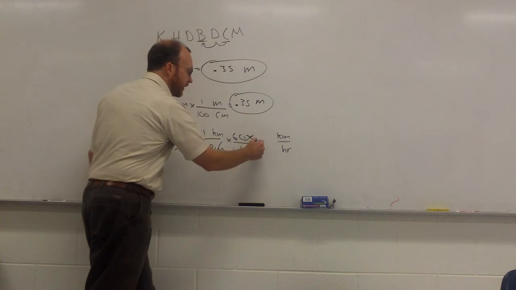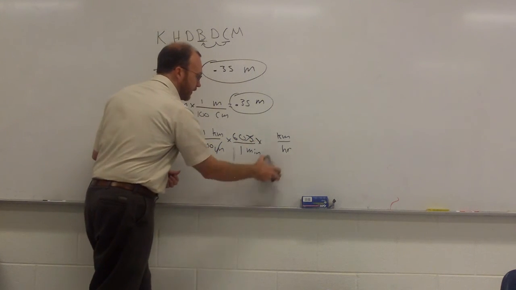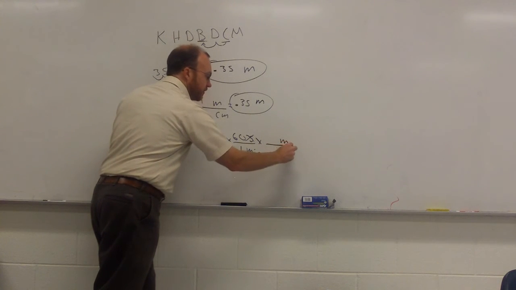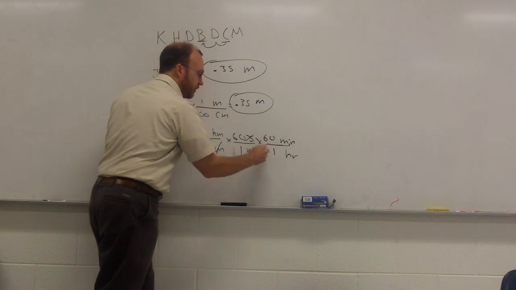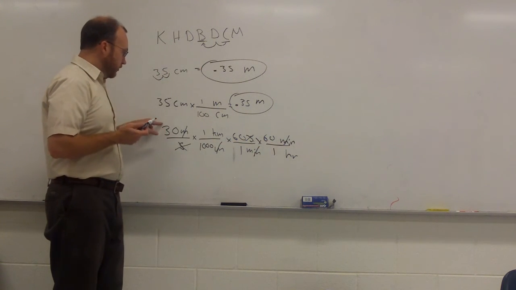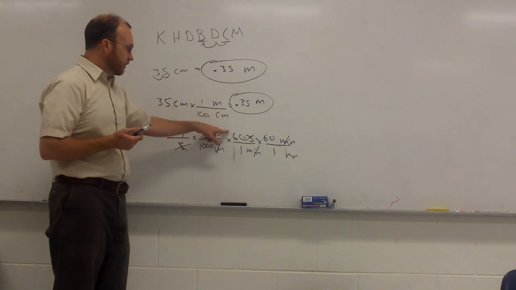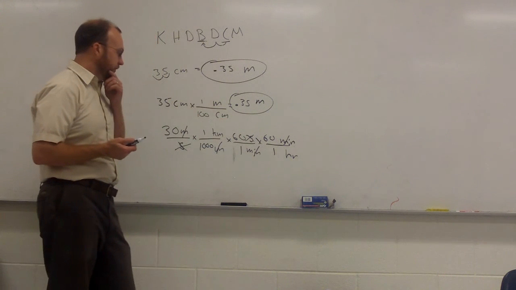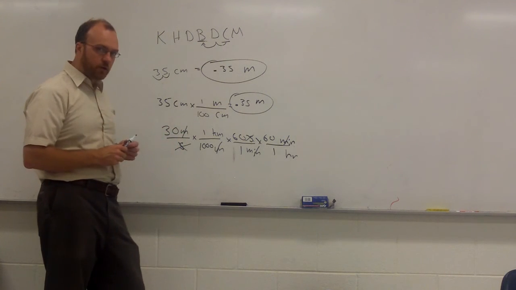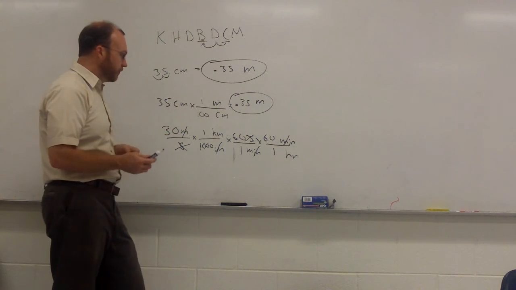So the last thing that I need to do is to set this up to get rid of minutes and get hours. And there are 60 minutes in 1 hour. So now this is set up. 30 divided by 1,000 times 60 times 60. Well, I'm going to do a little cancellation just to avoid a calculator here for a minute.